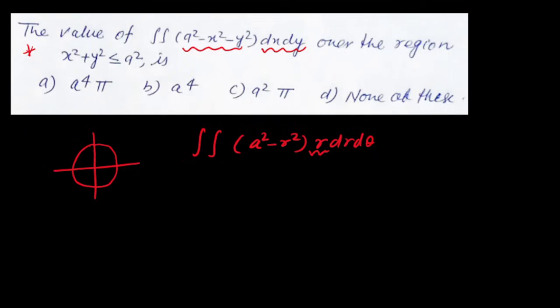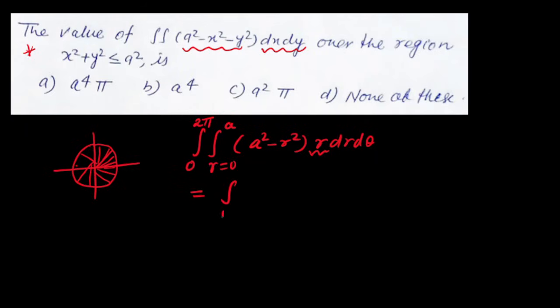And we have to cover the entire circle. So how do we cover the circle? We take the limit of r. The limit of r will vary from 0 to a, and then we have to move this strip, moving in the anti-clockwise direction and taking one complete round. So theta will vary from 0 to 2 pi. So we have to evaluate this.